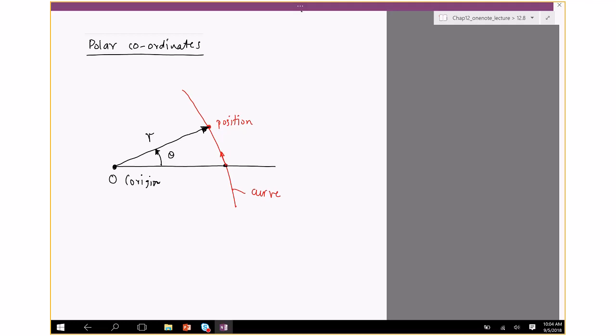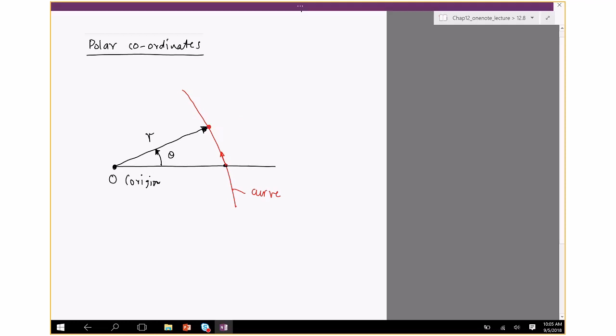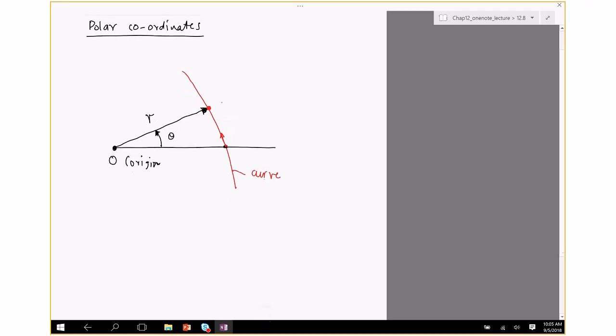Okay, so just like there is ut, un, and ijk, you need unit vectors to describe the position. So unit vectors for this particular coordinate frame is ur, u theta, and let me just draw it with a different color. So this is ur.